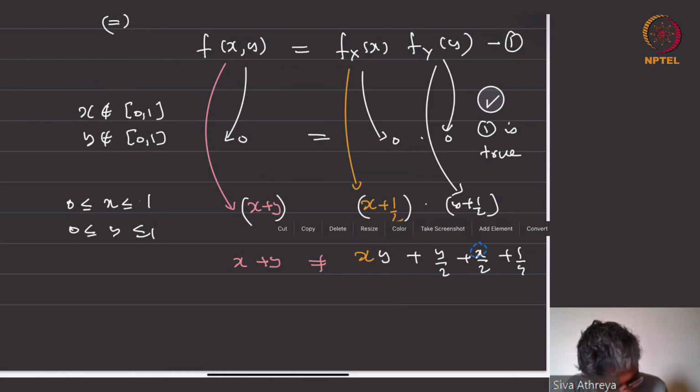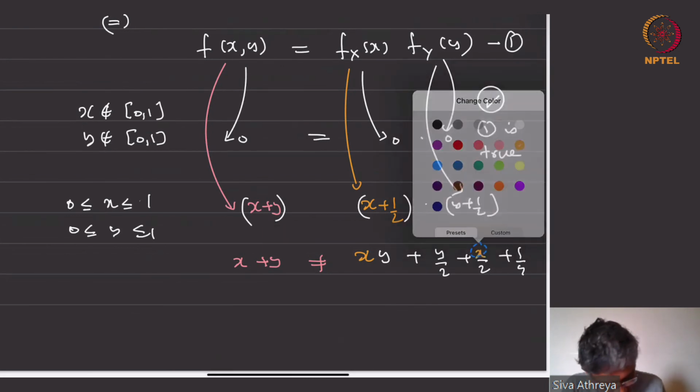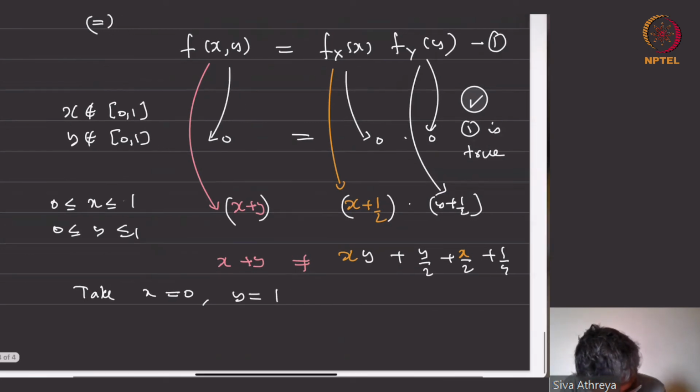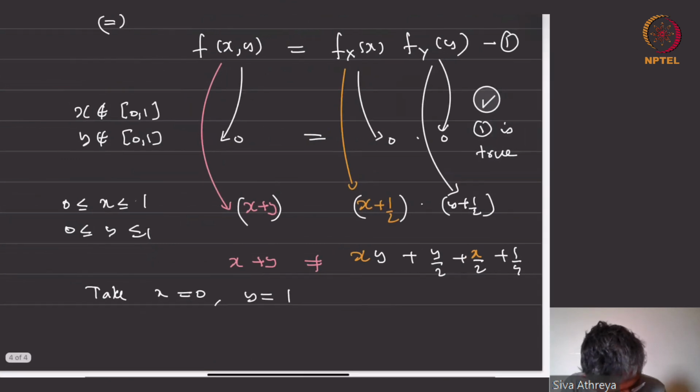How do you verify that? You just take, for example, x equal to 0 and y equal to 1. So this is not always true. This side is 1, which is not equal to this side, 1/2 plus a quarter.